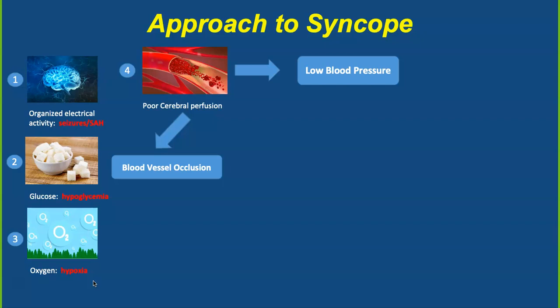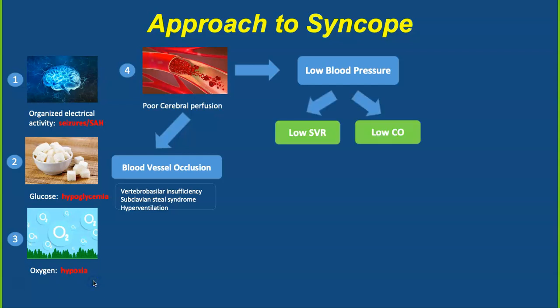As I mentioned, blood pressure equals cardiac output times SVR. Oh, before that, I'm sorry. Things that will cause problems with blood vessel occlusion are vertebrobasilar insufficiency, subclavian steal syndrome, and hyperventilation. So, a low blood pressure may arise from a low cardiac output or a low SVR.